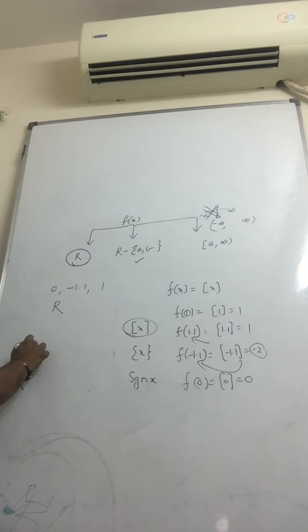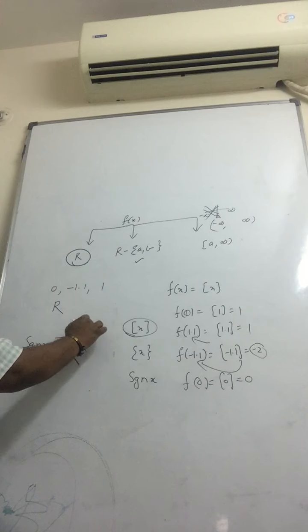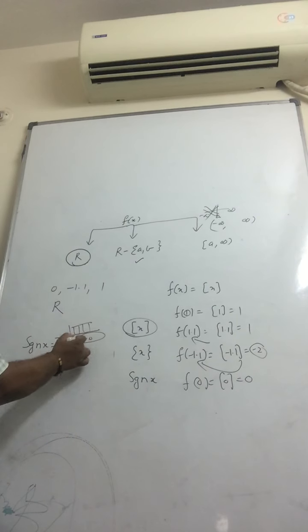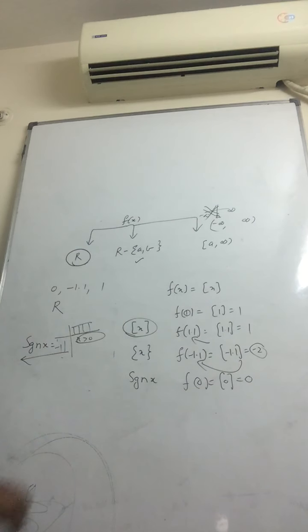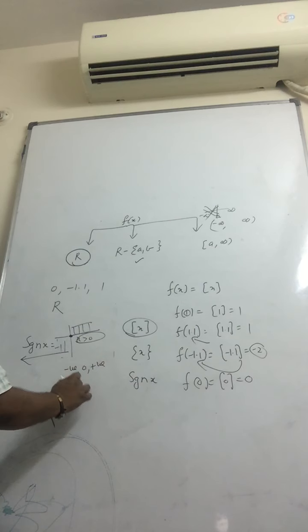Right? Signum function, if you take, how will the graph be? 1 for x greater than 0. For all positive values, the function has value 1, so for all positive values it is defined. For less than 0, minus 1. For all negative numbers minus 1, it is defined. At 0, it is 0. That means it is defined for negative, 0, positive, so I will consider the domain as real.